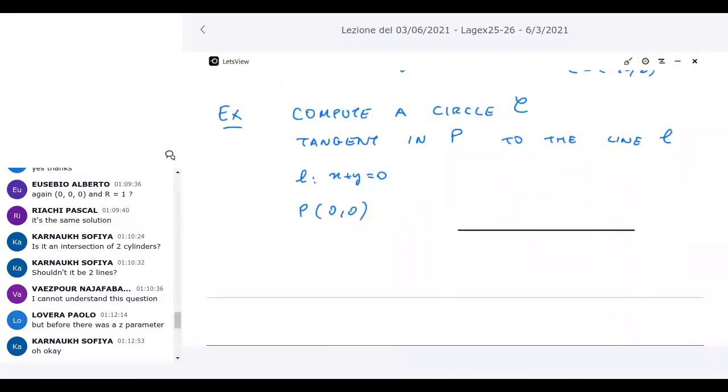Well, we are in the plane x, y. We take a line, the bisectrix. So this is line L. We look at point P, which is the origin. We want to find a circle tangent to the line passing through the origin. Of course, there are many circles like that, right? It's not a question of does the circle exist?